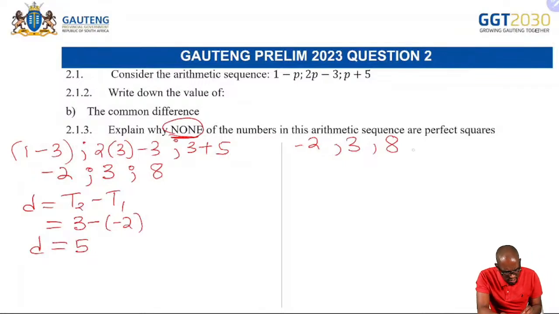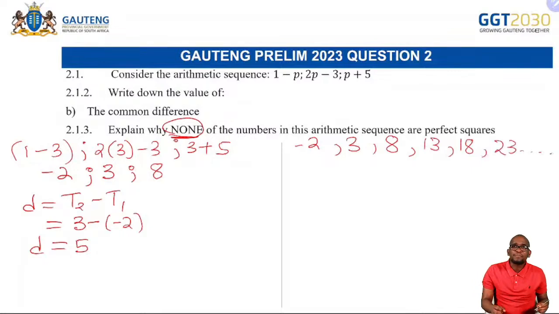Let us try to extend it just a bit. Remember, the common difference is 5, which means that we can add 5 to get to the next term, which means that this term would be 13, the next term would be 18, the next term would be 23, and so on. Now, we want to explain why generally this sequence will not have any perfect squares.